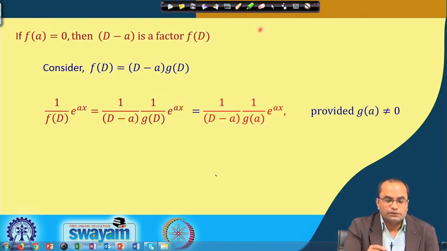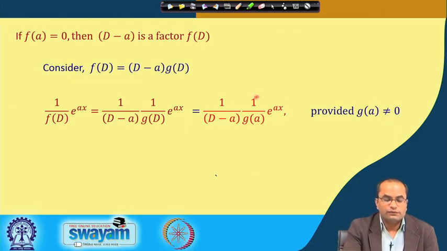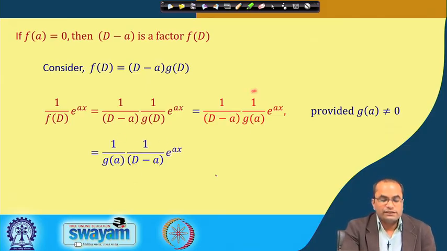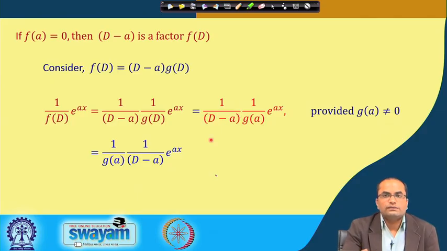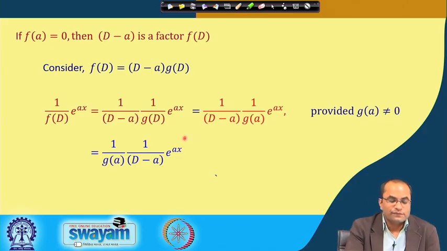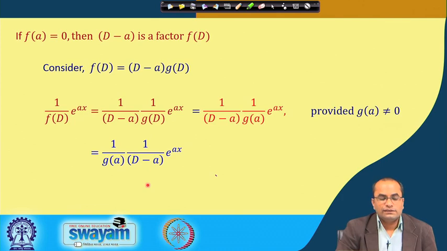So, what now? So, we have this 1 over d minus a to be operated now on this 1 over g a e power a x. That means, this 1 over g a we can take out, because this operator will not do anything on the constant. It is like the integral operator which we have already seen before. So, 1 over d minus a operated on e power a x.